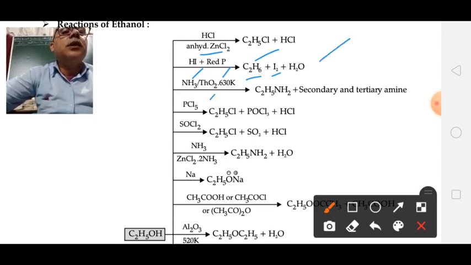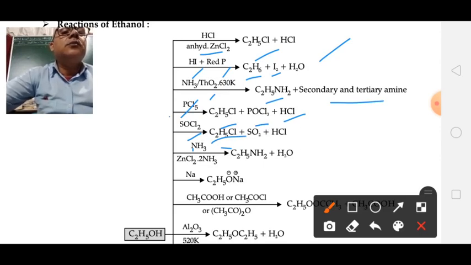With ammonia and thorium oxide it gives primary, secondary and tertiary amines. And with PCl5 it gives chloroethane, phosphoryl chloride and HCl. And with SOCl2 it gives the purest form of alkyl halide.